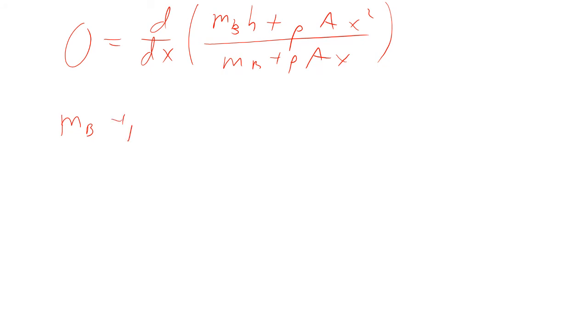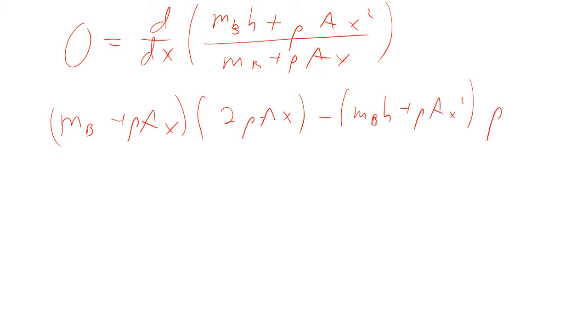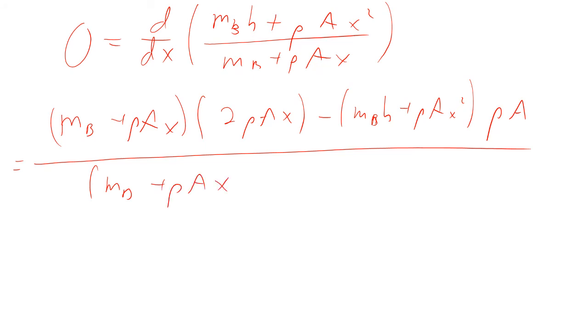So (m_b plus rho a x) times the derivative of the top, which is 2 rho a x, minus the top, (m_b h plus rho a x squared), times the derivative of the bottom, rho a, divided by the bottom squared, so (m_b plus rho a x) squared. Now, if that's equal to 0, that means the numerator is equal to 0.